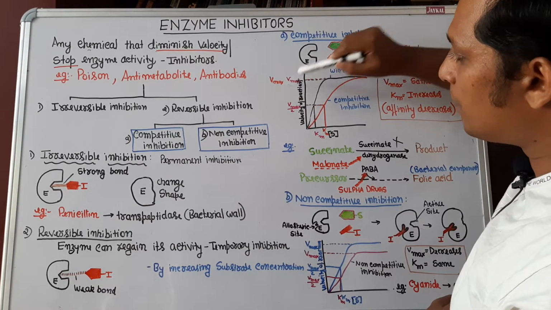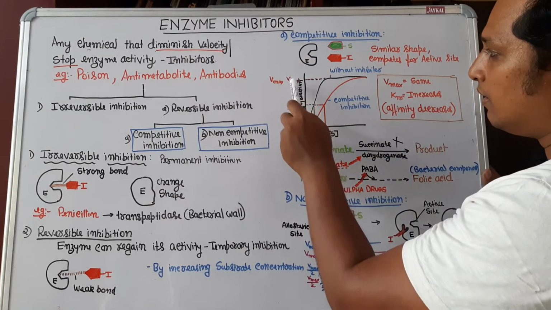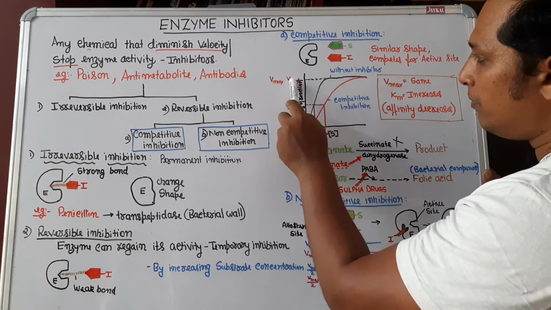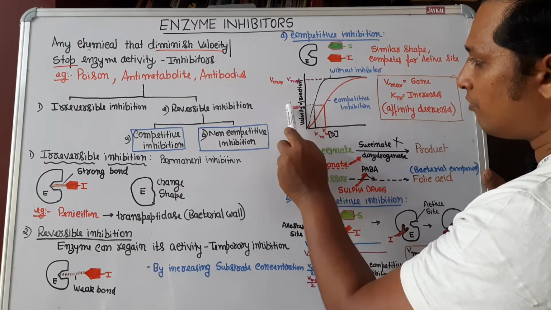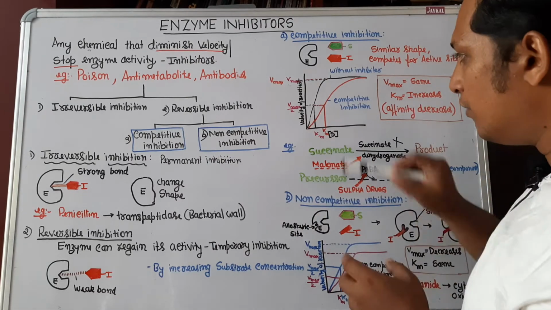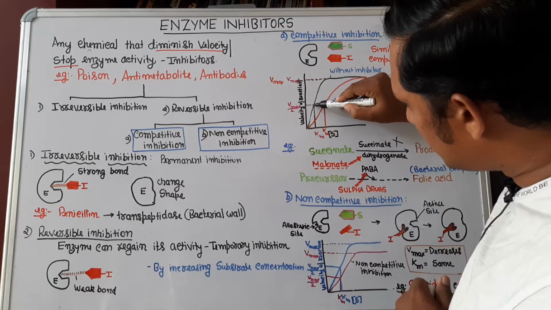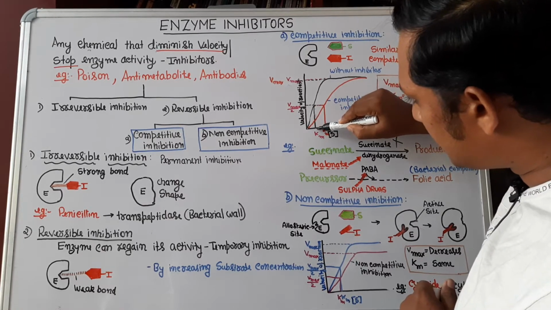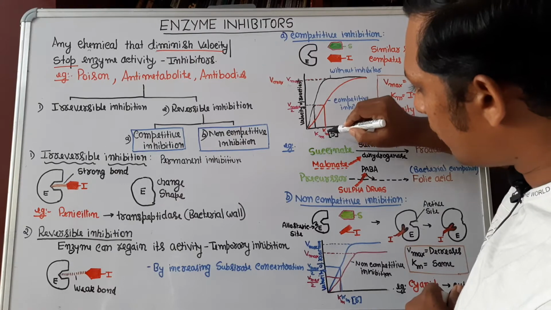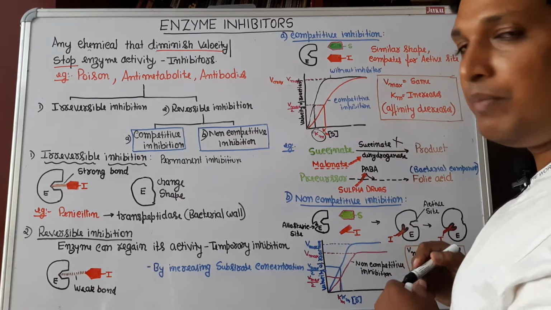So this is the Vmax point, whatever I have written in pink, Vmax. And if this is Vmax, this point indicates half of the maximum velocity, Vmax by 2. If you extend half of maximum velocity, it will touch the graph over here, then extend it downwards. Where it touches the x-axis, that point is called Km. What does Km indicate?